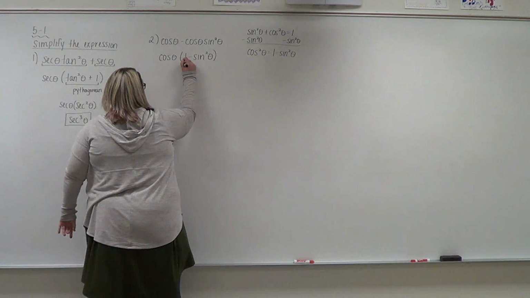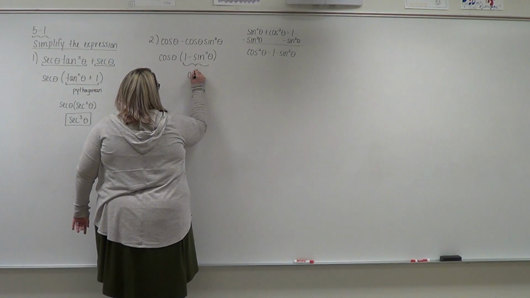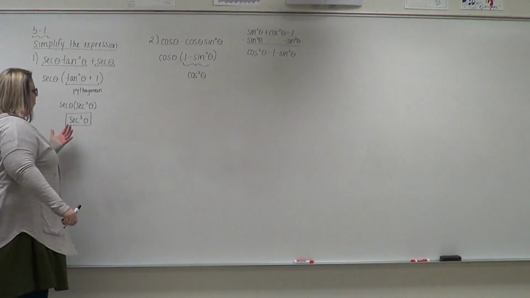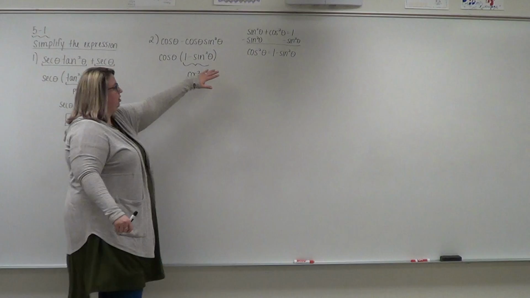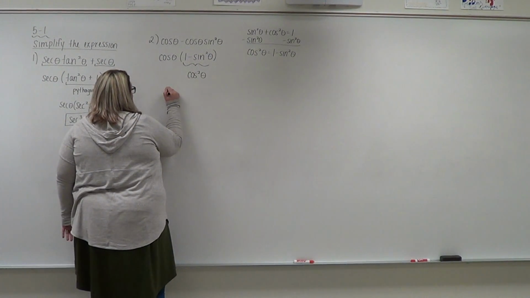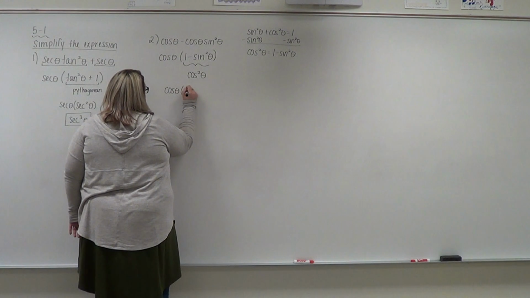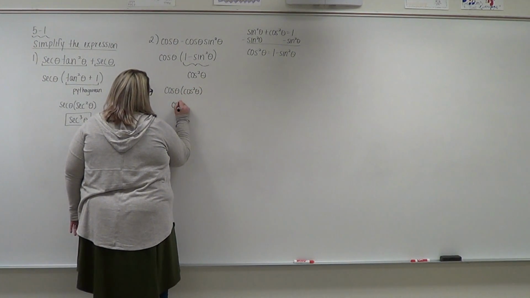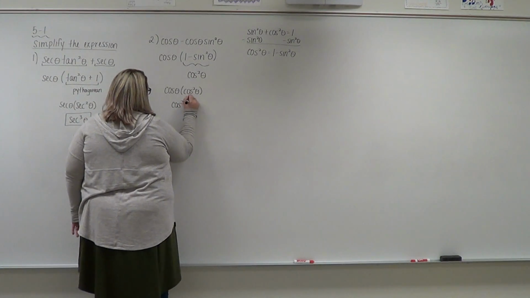So this now becomes cosine squared. It's similar to the last one, but we had to do more work because it wasn't right there where you could see it. So then this is cosine cubed, because cosine times cosine squared is cosine cubed.